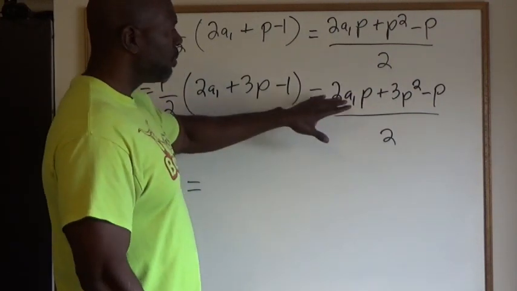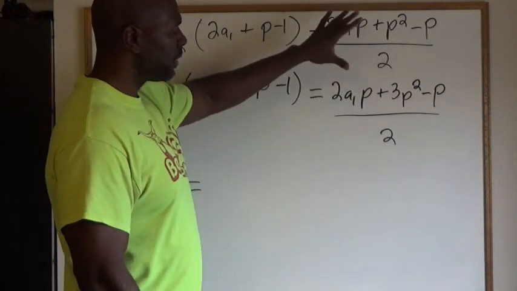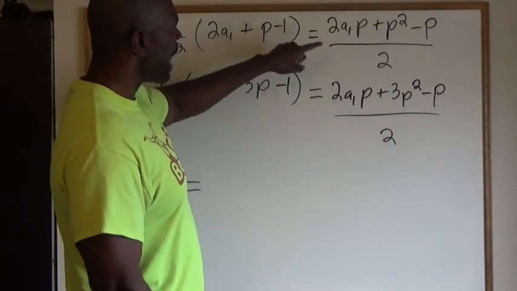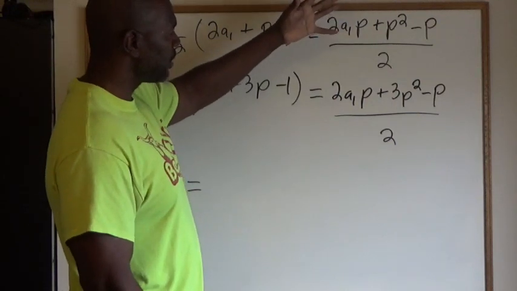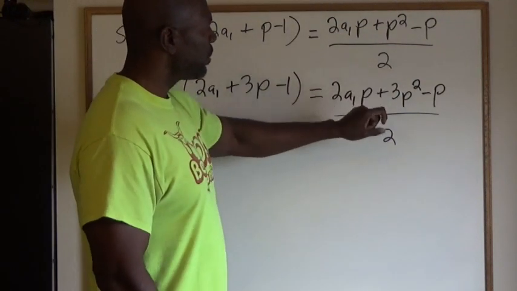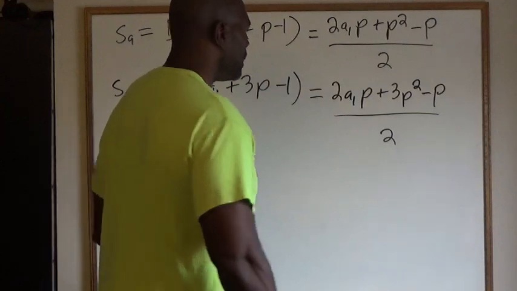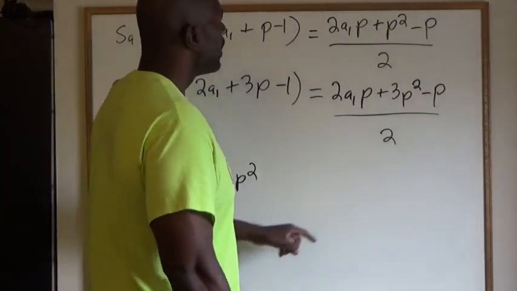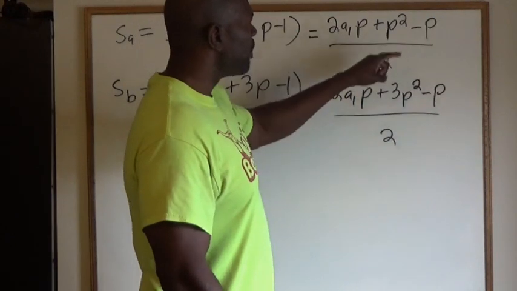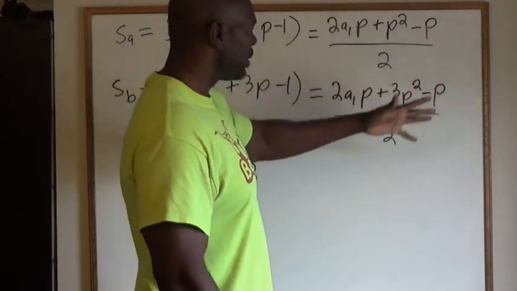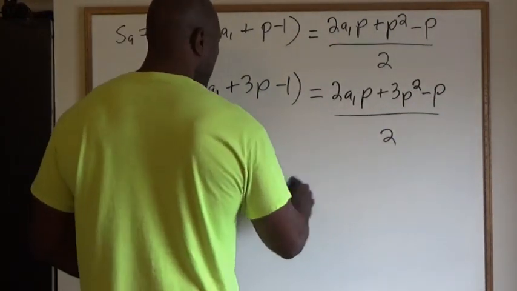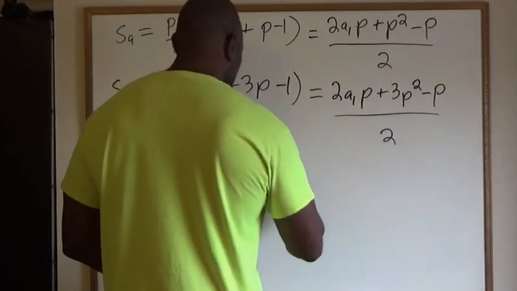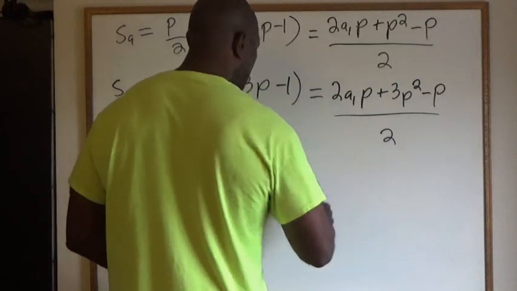I'll put the difference of the numerators over 2. So 2A1P minus 2A1P cancels. 3P squared minus P squared is 2P squared. Negative P minus negative P is nothing. So all we're left with is 2P squared over 2, and 2P squared over 2 is indeed P squared.